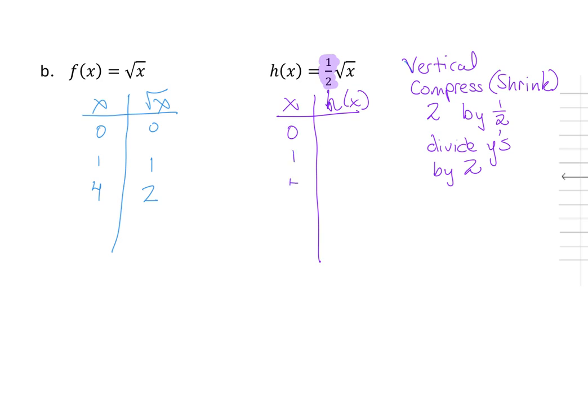They're going to be 0, 1, and 4. Now my y's, I want to divide my y's by 2. If we take our first one, 0 divided by 2 is 0. If we divide 1 by 2, we get 1/2. And if we divide 2 by 2, we get 1.